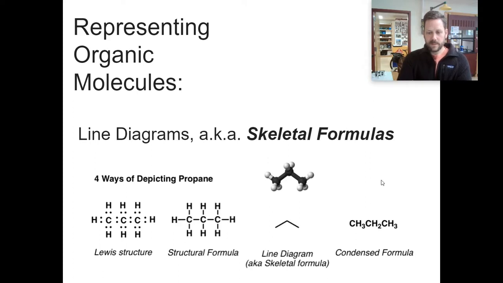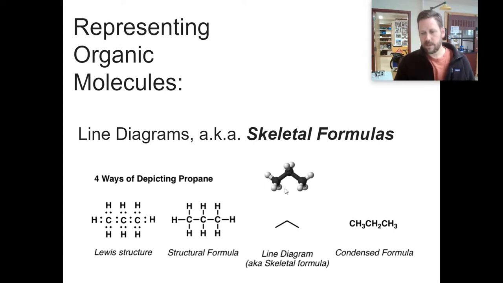In the bottom of this slide, you'll see there are four different ways of depicting propane, actually five if you count this model here. The first one is the Lewis structure that we're familiar with, and instead of drawing the bonds as lines, they're just drawn as dots here. But if you drew them as lines, you'll see since this Lewis structure has no lone pairs, then the structural formula is essentially a Lewis structure.